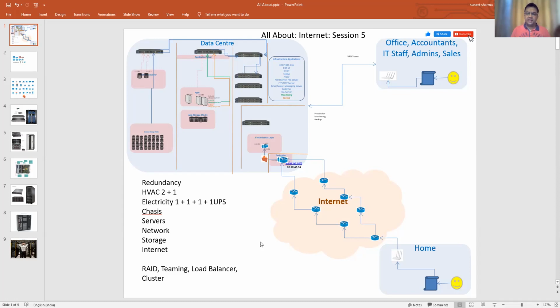In the data center we have the raised floor and other things. We will talk about this in our next session, how to make a data center, how to do the calculation of ventilation, of the electricity and the server space required. But over here, what I am talking about is the data center service provider.